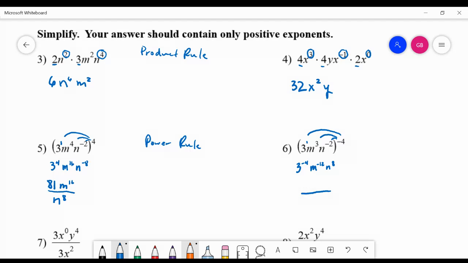All the ones with negative exponents, we're going to bring those to the bottom. So the exponent's going to turn positive. And n to the 8th power, that one stays on top. And then you could go ahead and multiply 3 to the 4th, which you did before, which is 81. So n to the 8 over 81 m to the 12.